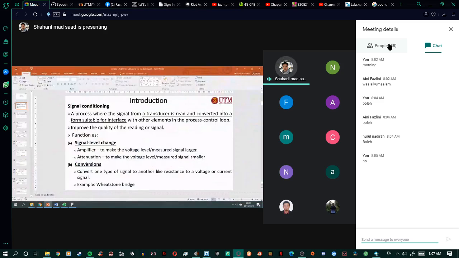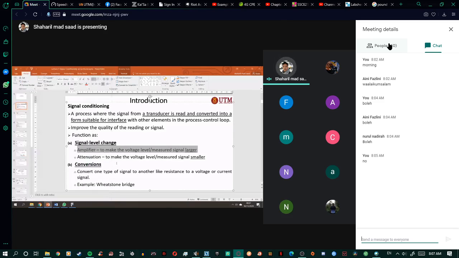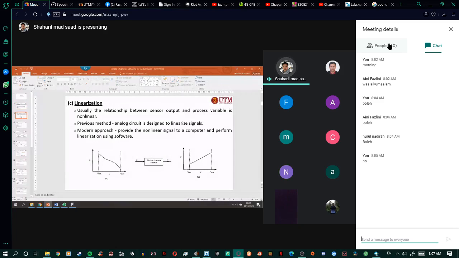Signal conditioning can be used as a signal level change. Amplifier means it is amplified. Attenuation means it is de-amplified, making the voltage smaller. Conversion, as I mentioned before, can convert from resistance to voltage, for example.